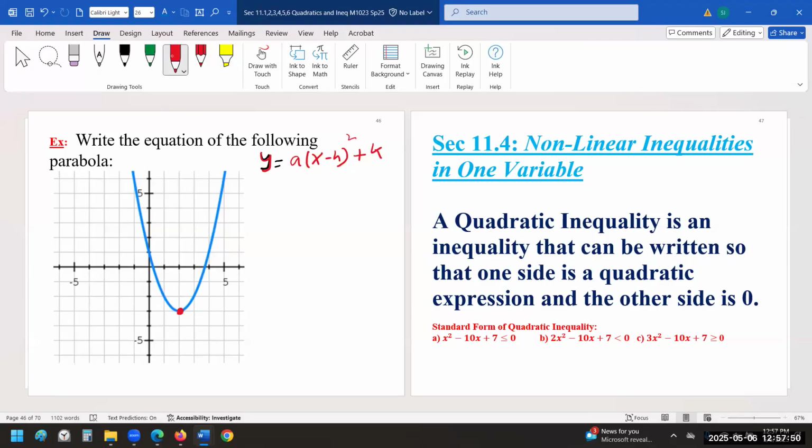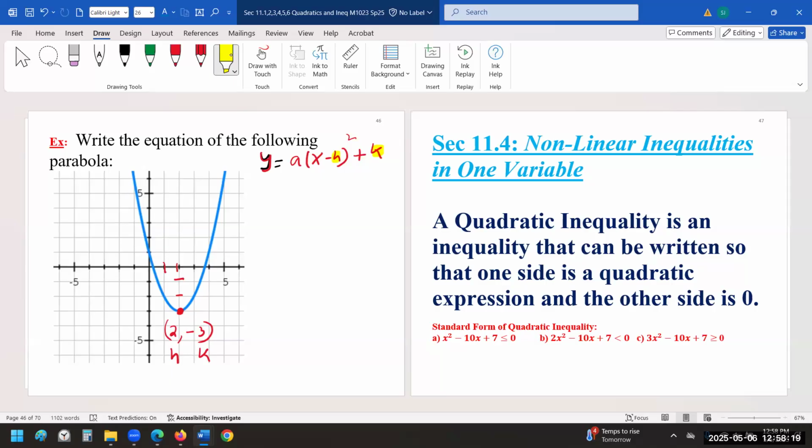So we see our vertex is at (2, -3). 2 is the h, -3 is the k. So we can replace h and k into this vertex form. We don't know what is a. Our goal is to find a.